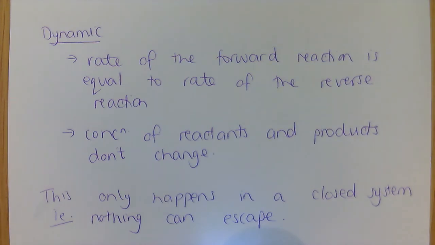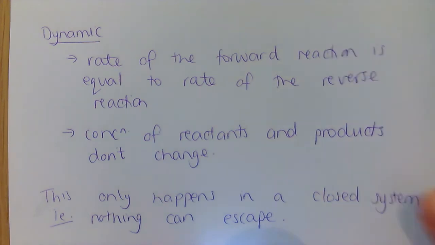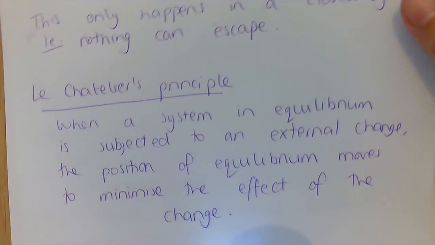And there's a principle that we talk about a lot when we're talking about dynamic equilibrium and the effects that changing things like concentration and temperature have. And the principle is called Le Chatelier's principle, named after the scientist who came up with it.